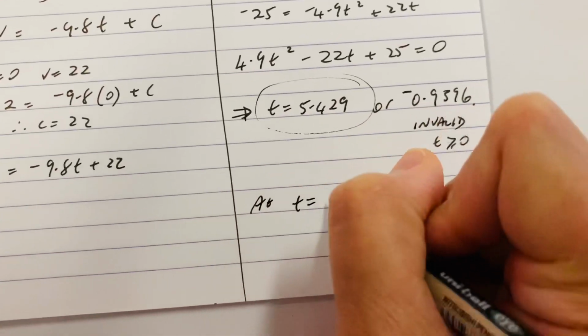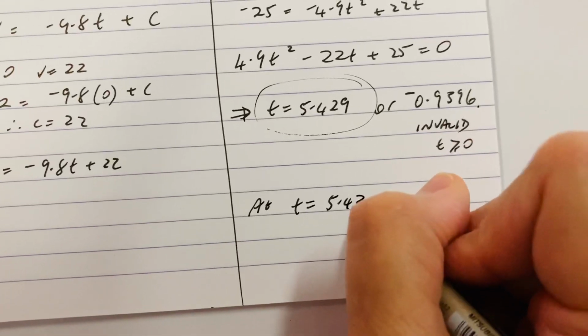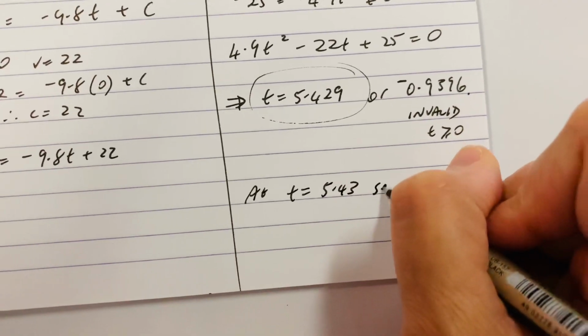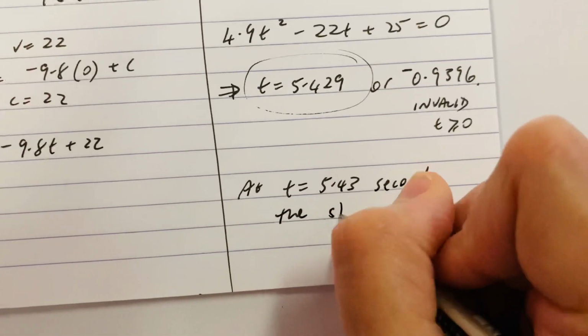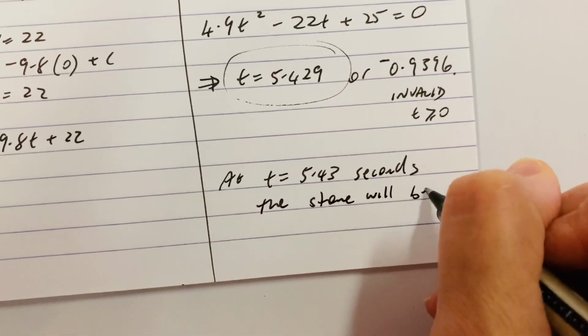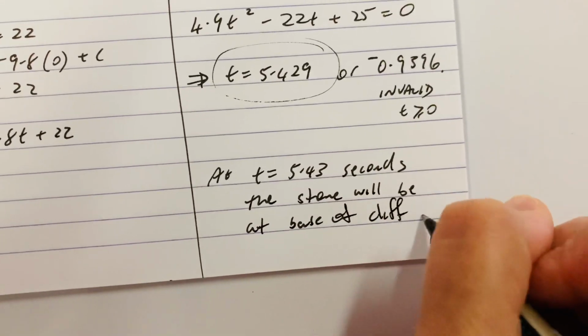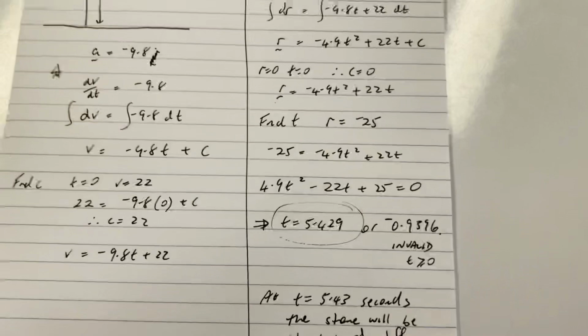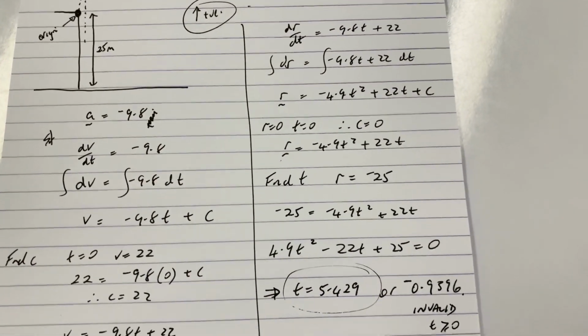At t equals 5.4, usually 2 decimal places, 5.43 seconds, the stone will be at the base of the cliff. Okay, so that's how we do that using calculus rather than those physics equations.